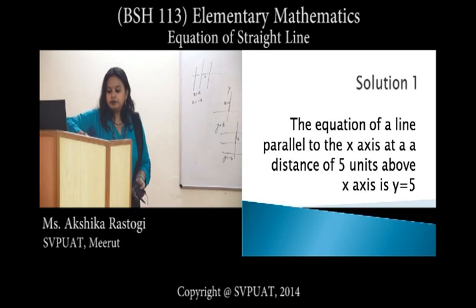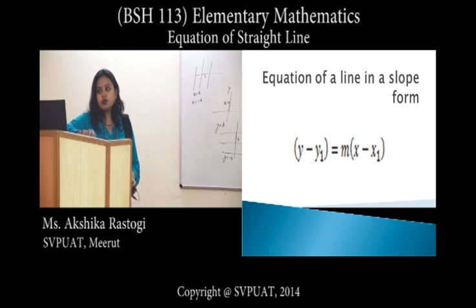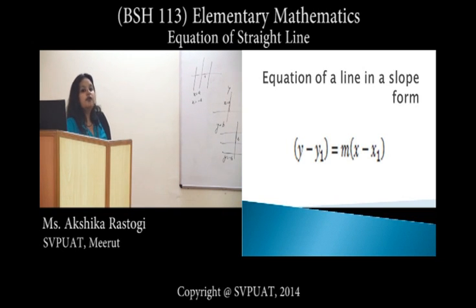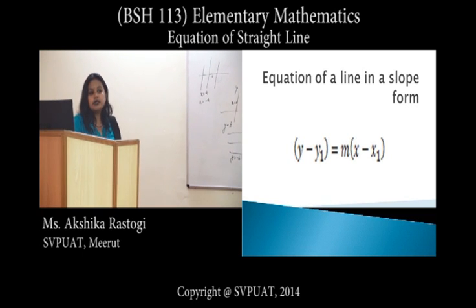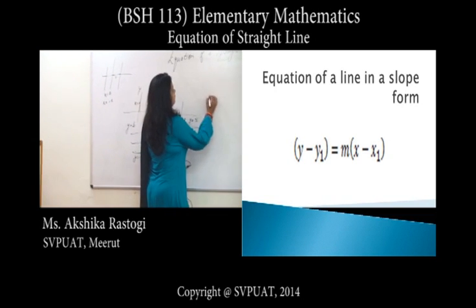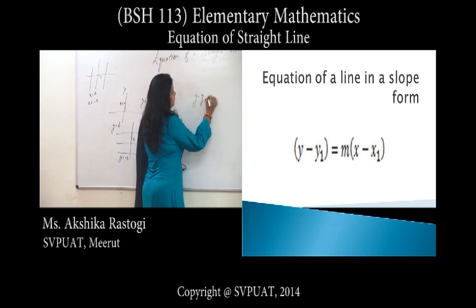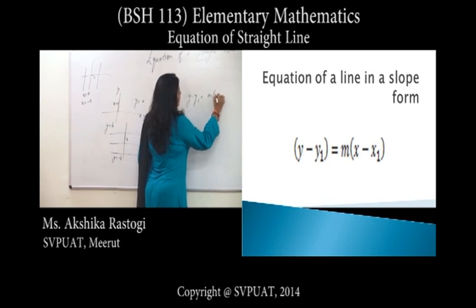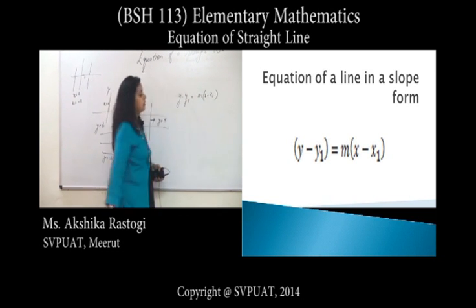Now, moving toward the equation of a line which has a slope and a single point. The equation for this will be y minus y1 equals m into x minus x1.